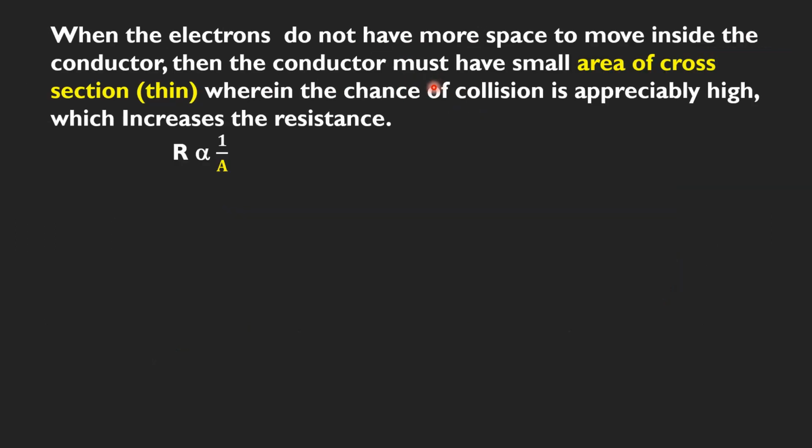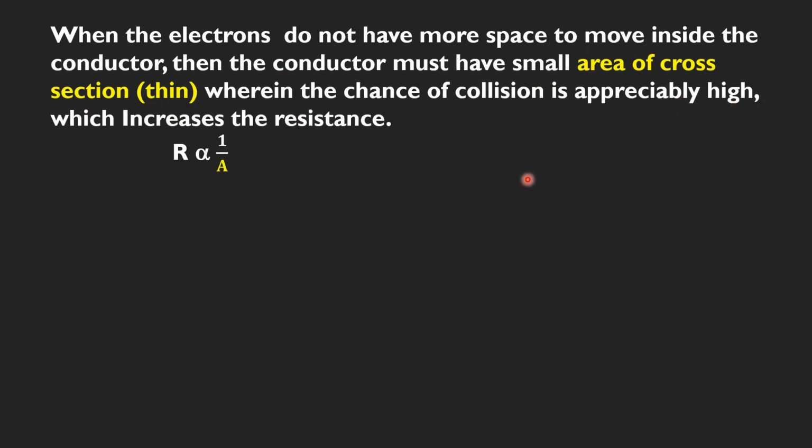If the temperature increases, the resistance of the conductor is also increased. Okay. When the electrons do not have more space to move inside the conductor, what happens? Suppose the conductor is very thin, the area of cross section of the conductor will be very small, wherein the chance of collision is appreciably high.